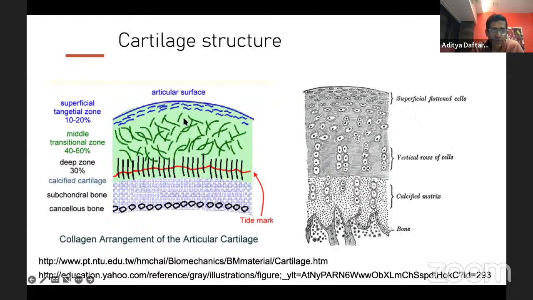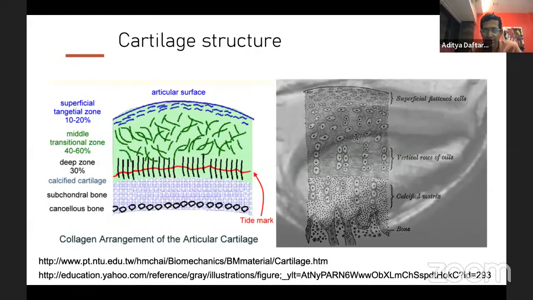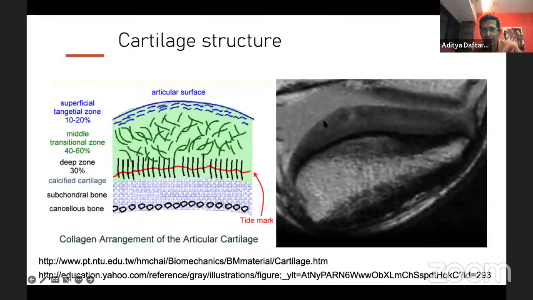The middle zone here, or the transitional zone, is a place with spongy cartilage. It's got disordered collagen, it's got more mobile water, and therefore it appears slightly gray. And I'll show you what the image of all this looks like. Is this on this inverted patellar image? So this is the patella just turned upside down. You can see here this superficial region, which is thin, which is this black line. You can see this middle zone here, which is the transitional zone. And you can see this deep zone here, that is essentially this darker area here.